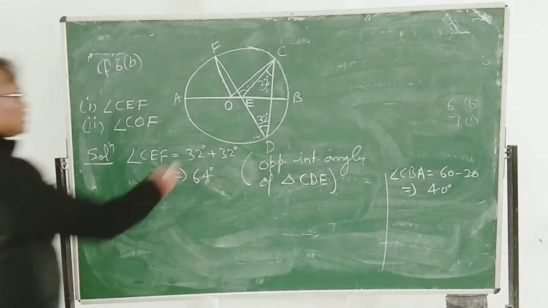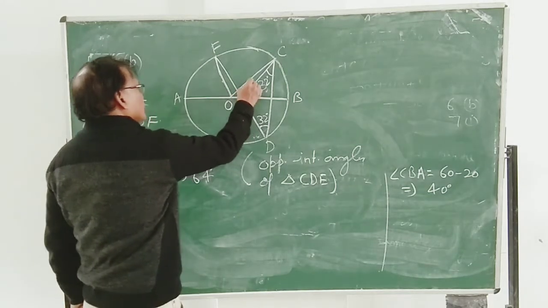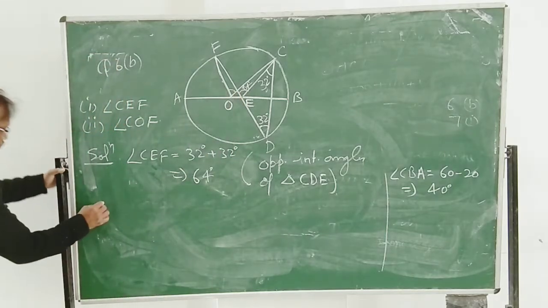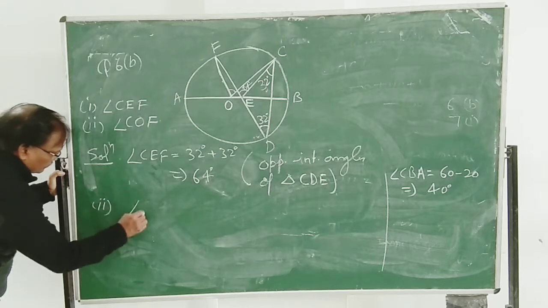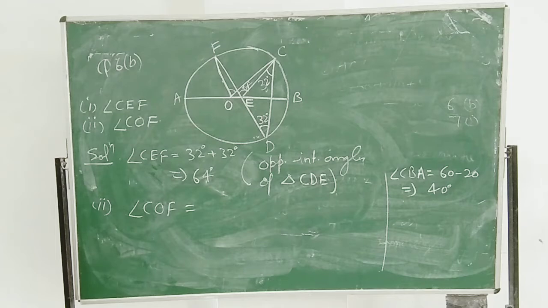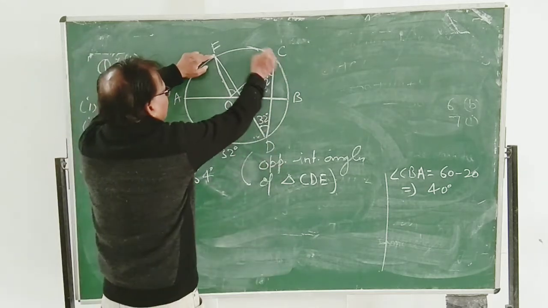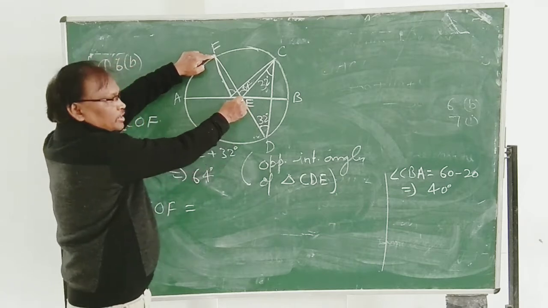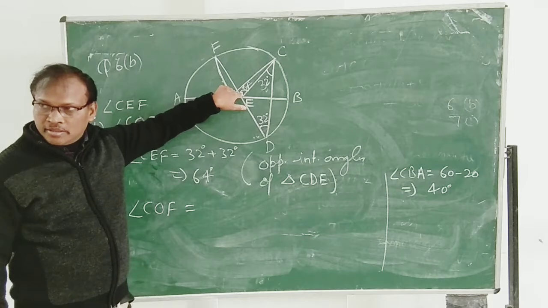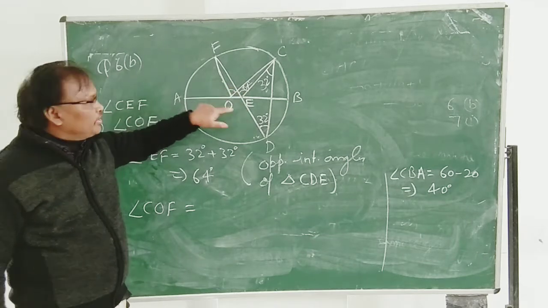And then if it is 64, can you get this value, the angle COF? What is the angle COF? 64. But how? Same arc.